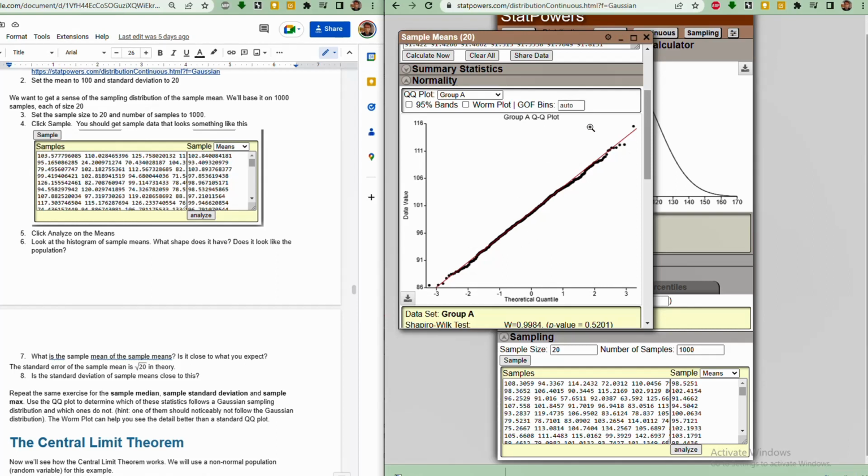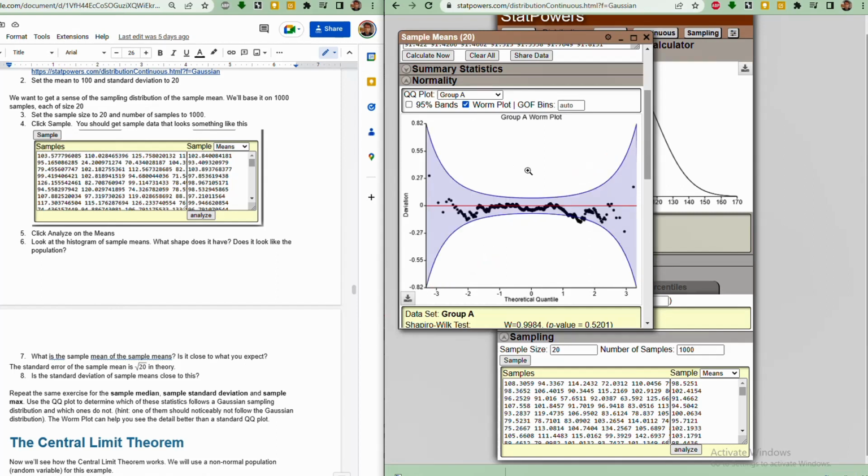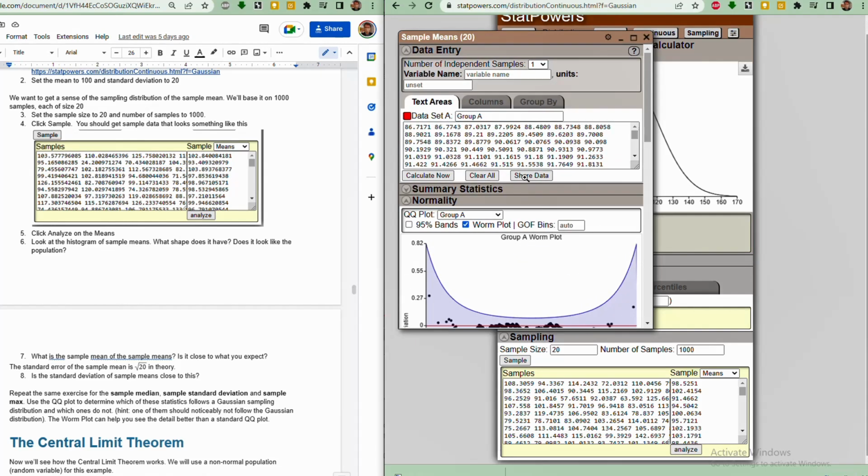The worm plot I've mentioned before takes away the diagonal trend and allows you to really see if there's any sort of deviation. It always wiggles a little bit, and it exits this tolerance band a little bit, but this is a 95% tolerance band, and definitely 95% of the points are within it. So there's really no cause for thinking that the data is not normally distributed.